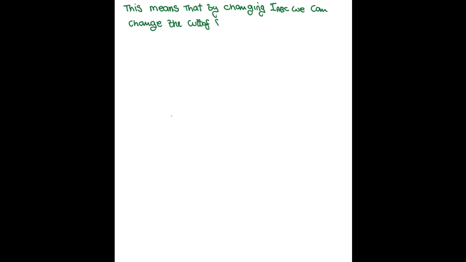So this means, so after we did all that in thought experiments, what do we conclude now? We conclude that by changing IABC or the bias current, we can change the cutoff frequency of the low pass filter.